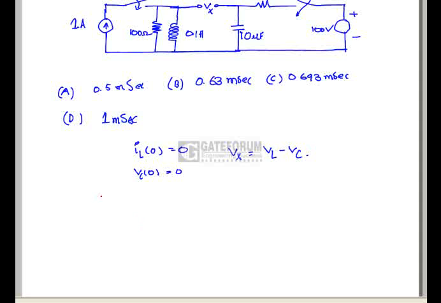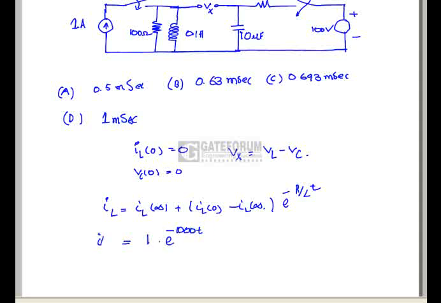Here IL equals IL of infinity plus IL of 0 minus IL of infinity into e power minus R by L into t. If we write the equation, VL equals L dIL by dt, which equals 100 e power minus 1000 t.